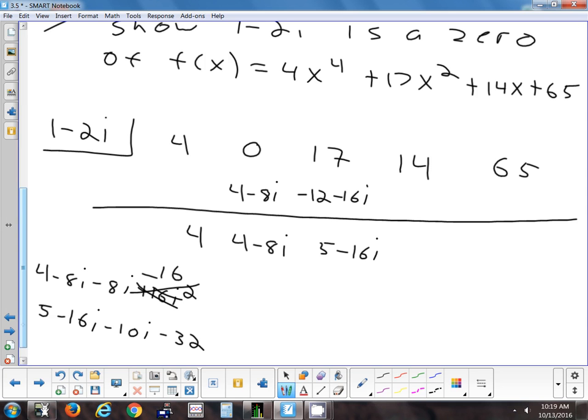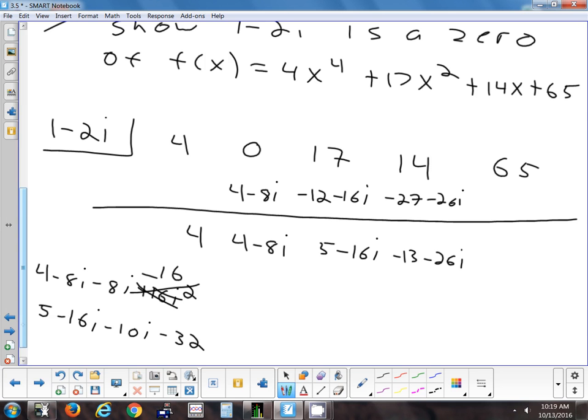Negative 27. And what's negative 16 minus 10? Negative 26i. Okay, again, there's no imaginary to add in the column; there never will be. What's 14 take away 27? Negative 13.